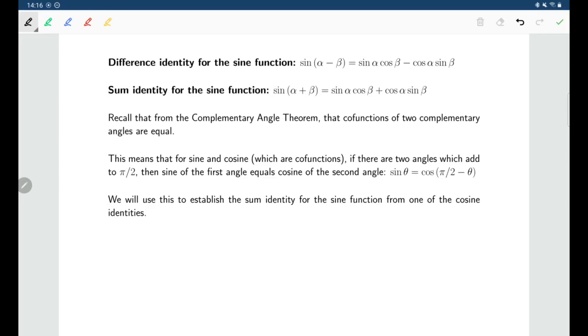So more generally, we could just say that for any angle theta, sine of theta and cosine of 90 minus theta, or pi over 2 minus theta, have to be equal, because sine and cosine are cofunctions, and these angles, theta and 90 minus theta, add up to 90. Similarly, you could also say that cosine of theta and sine of 90 minus theta are also equal to each other, again because you've got cofunctions where the angles add up to 90.